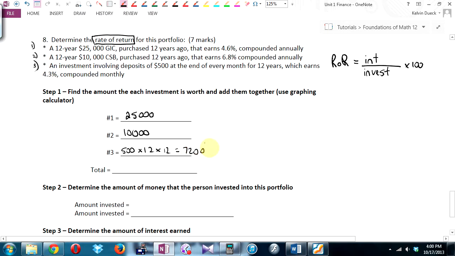What do you think they want me to write where it says total? Adding them all up. Okay, I'll do it in my head. 35,000, 44,200, 40,200, 42,200. Is that right?